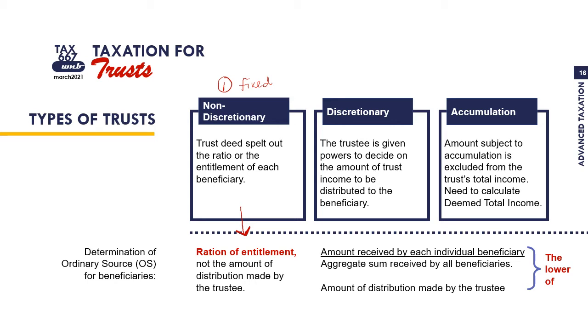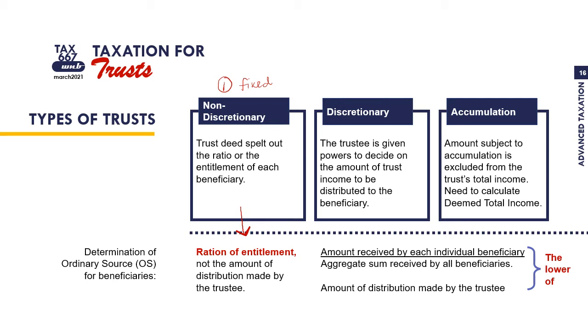Okay, you akan ada dua figure, satu amount distributed by the trustee, berapa yang trustee dah bayar kepada waris. Lagi satu, you will have one more figure based on the percentage or ratio as per trust deed. Berapa yang sepatutnya waris layak dapat kalau kita kira ikut ratio dalam trust deed.